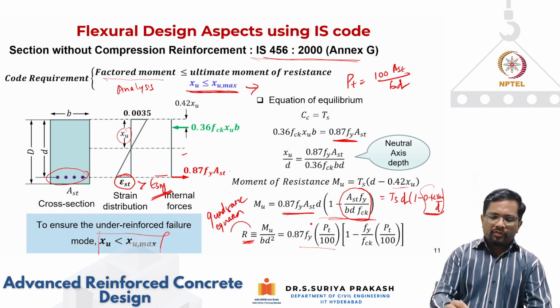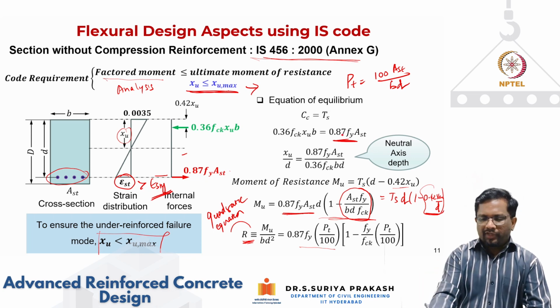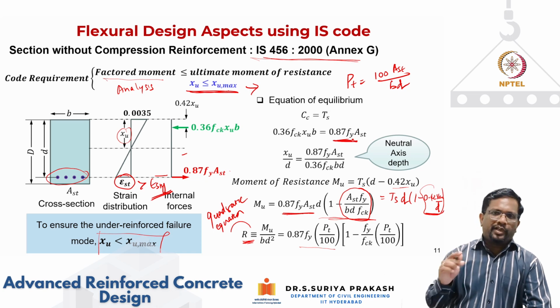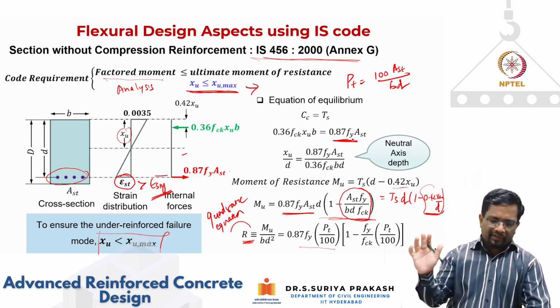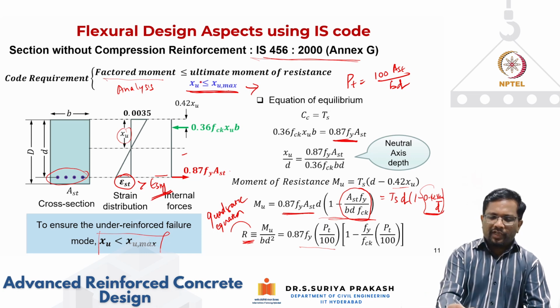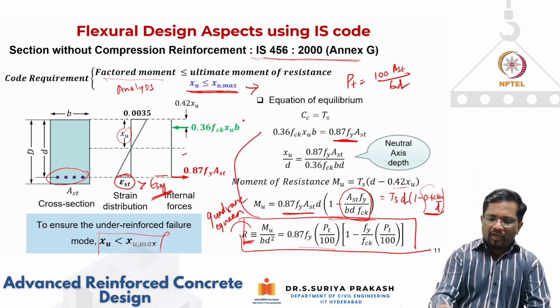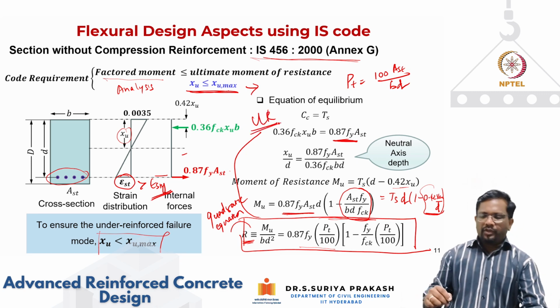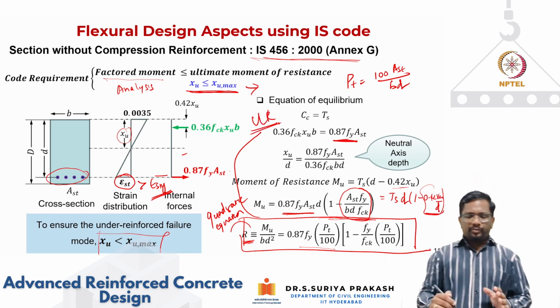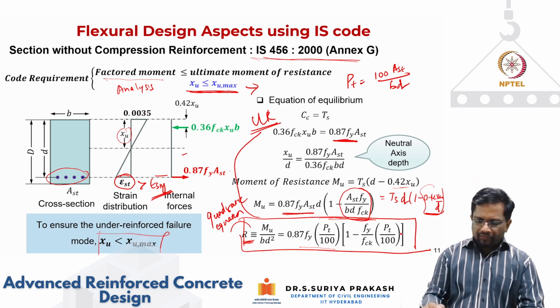The moment your strain is greater than the yield strain specified in the code, the stress will remain at 0.87 Fy for any strain greater than the yield strain. So this expression is valid only for under-reinforced sections, that is, when Xu is less than Xu max.